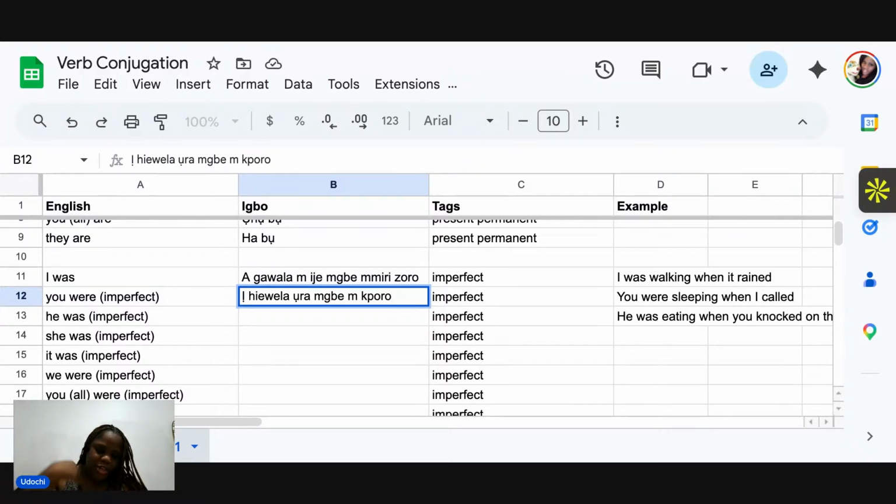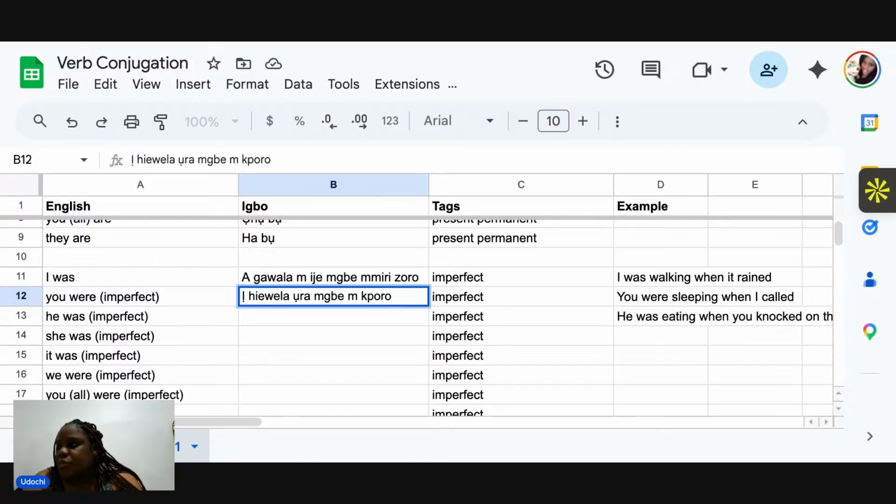I don't know what the function is for me to put the dot under the O. Sometimes it works, sometimes it doesn't. Ihiwela ora Mbemboro. I think it's hiwela. I know agawala m ije mgbe mmiri zoro. Ihiwela ora Mbemboro. That means you were sleeping, you had already started sleeping when I called.